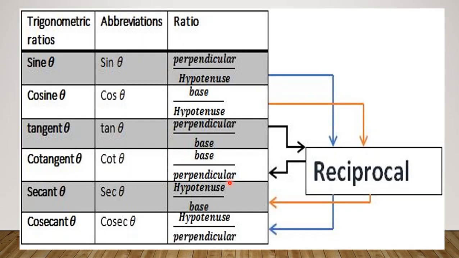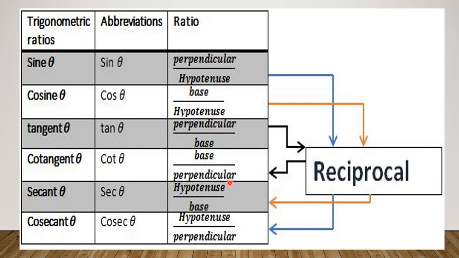So we conclude the trigonometric ratios: mainly there are three ratios, and the next three we get from the main three ratios by taking the inverse of these.